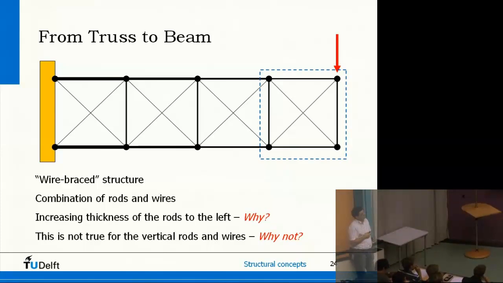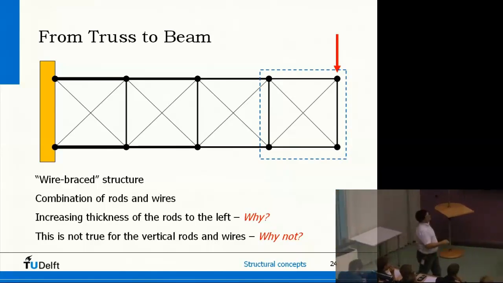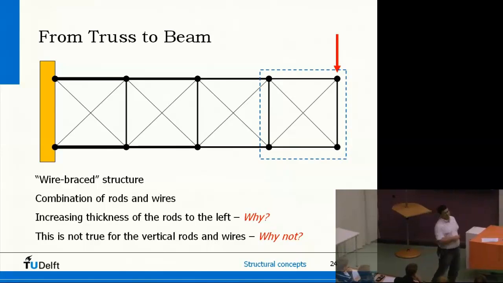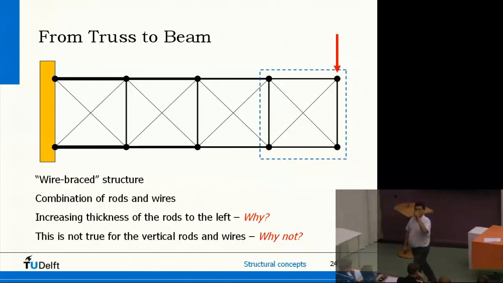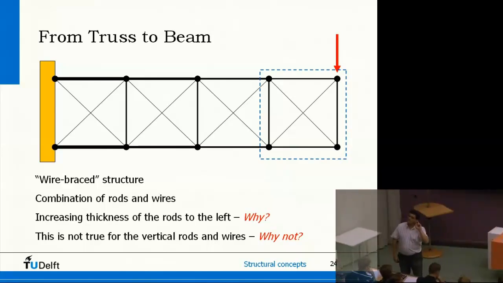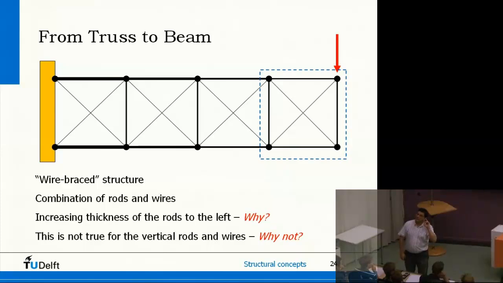Yeah, but what elements are transferring this force to the reaction forces here? The wires? Yeah? So this force is transferred to this wall via these vertical elements and the wires.